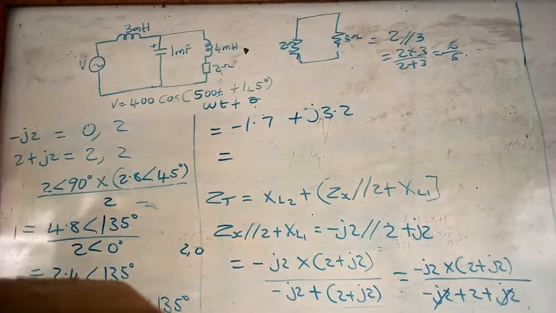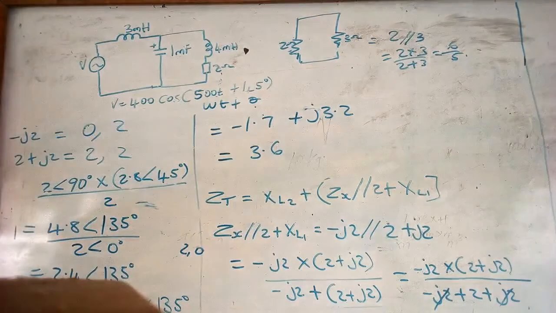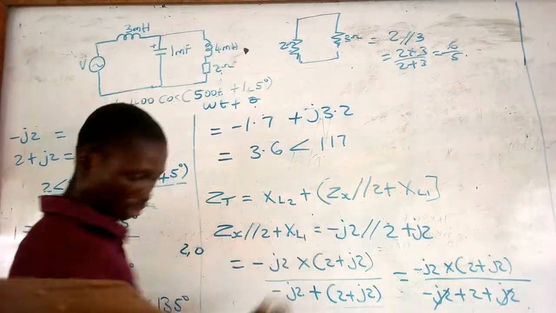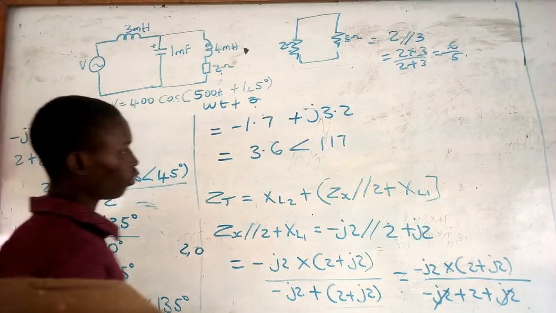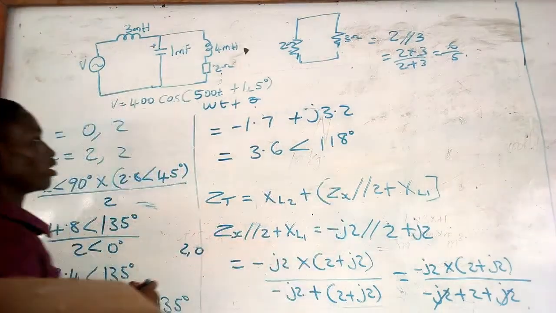Close the bracket. We have here to be 3.6. Okay, RCL and tan, we have this to be 117 or 118 degree rather. 118 degree. Okay.